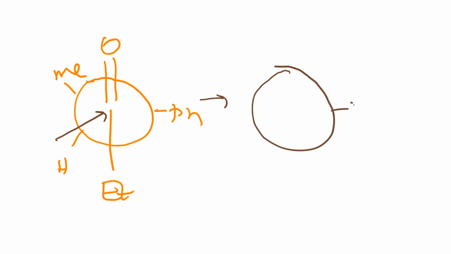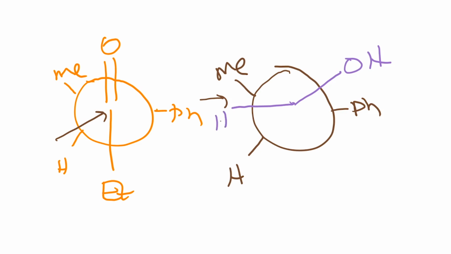Keep the back carbon the same, and now we need to correctly write out the front carbon. So this is OH, H, and Et. This kind of a conformation has to be drawn in the correct sort of projection.